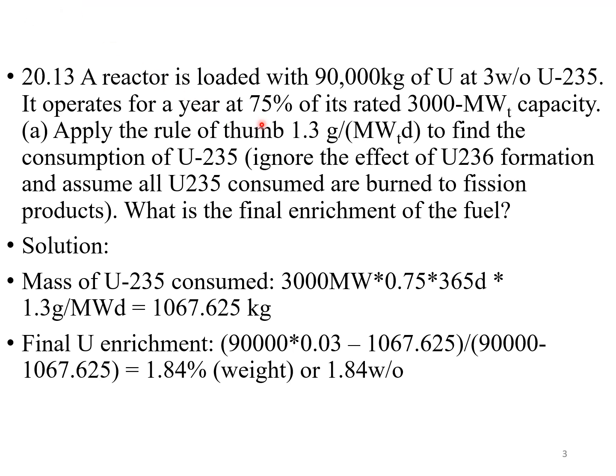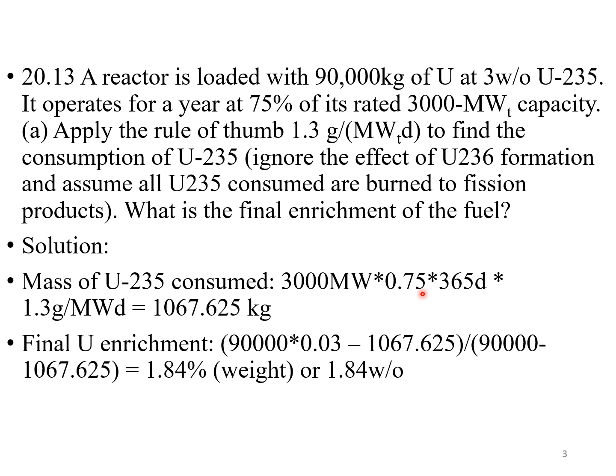From this problem, we know that to produce 1 megawatt a day of thermal heat, it will consume 1.3 gram of uranium-235. Therefore, first we need to calculate how much heat is produced over a year. We have the reactor power times the capacity factor.